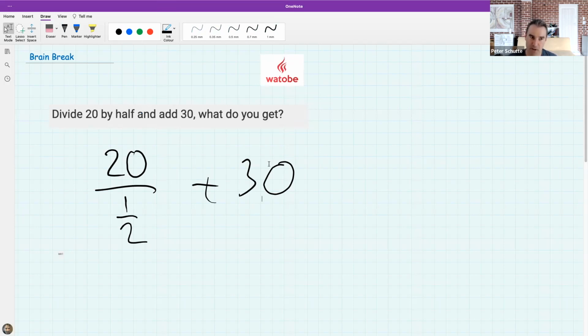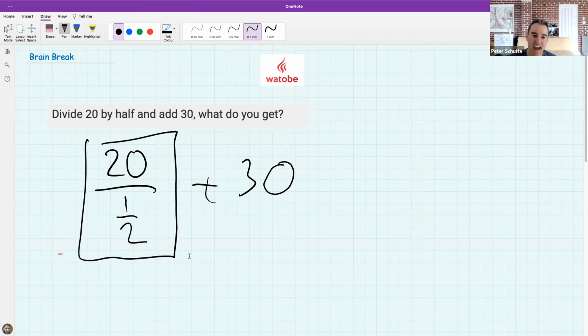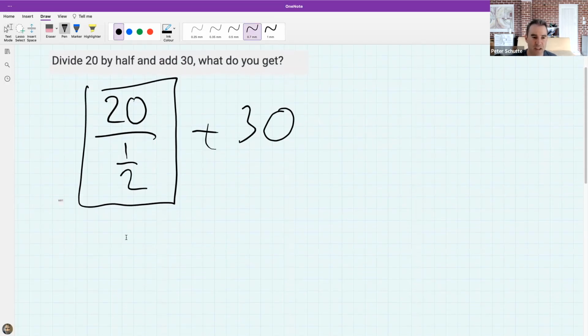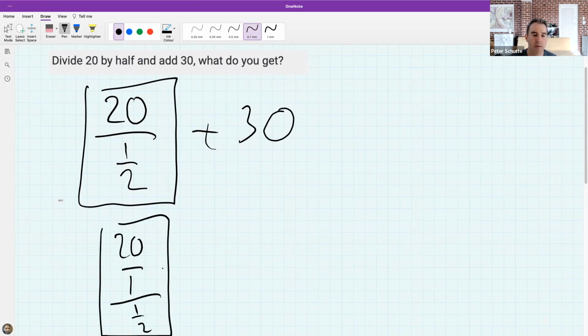This is sneaky because when you say divide by a half, it's not the same as saying halve it. It's so weird. 20 divided by a half is actually the same as, and what I do is I use this trick where I say 20 over 1. Let me scroll down a bit. 20 over 1, and I use this thing called top and time. So if you had 20 over 1 over a half, that's exactly the same as what's above. But all of you know that if you divide by a fraction, you can write it like that if you multiply.